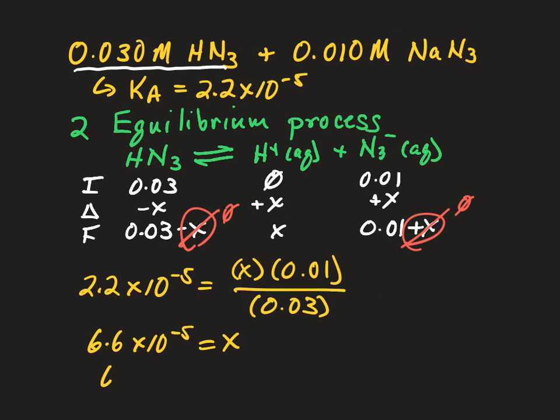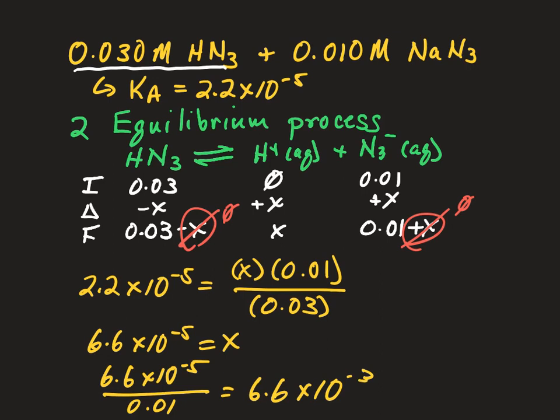Let's see. So 6.6 times 10 to the minus 5 divided by, let's go the smaller one, 0.01 equals 6.6 times 10 to the minus 3, which is less than 0.05, our 5% limit to accept our estimate. And so 6.6 times 10 to the minus 5 as x works.